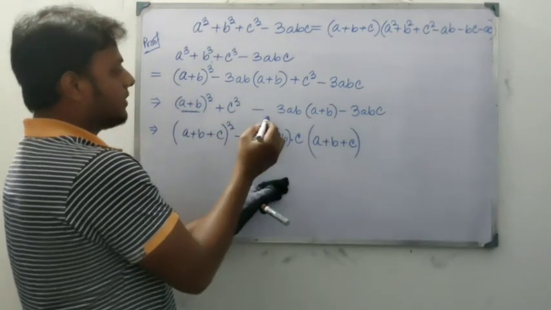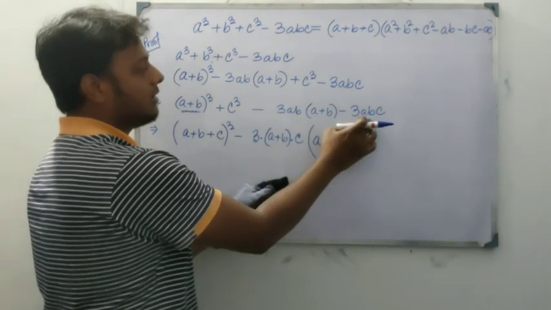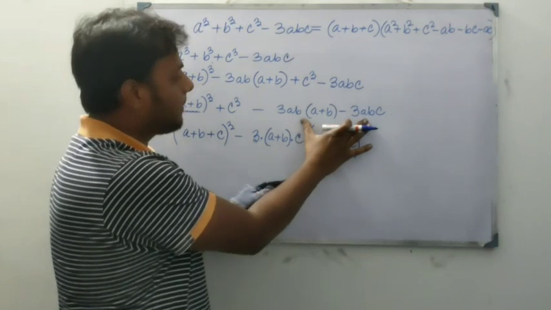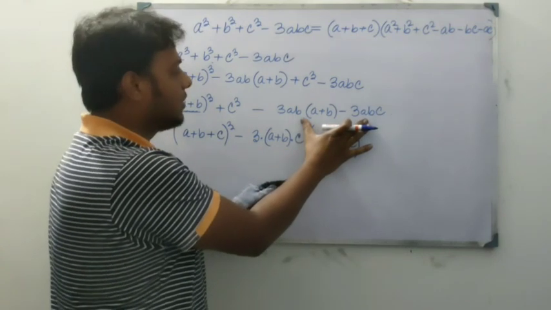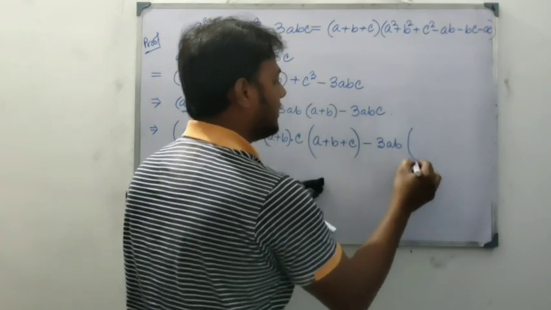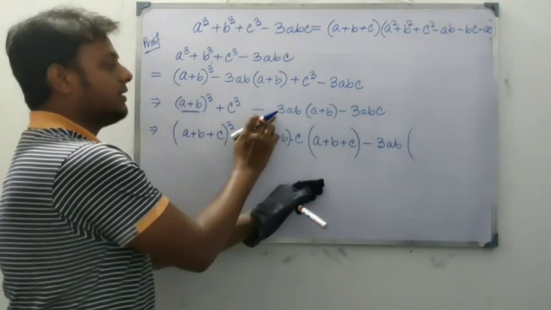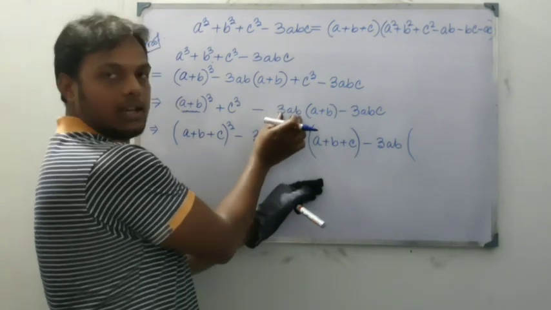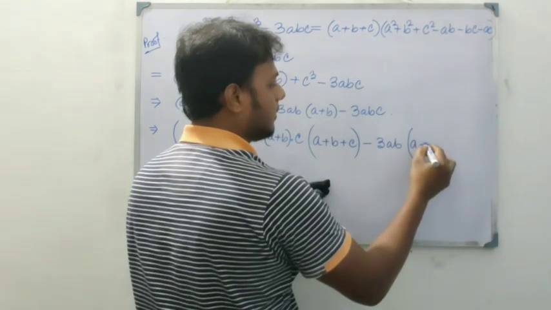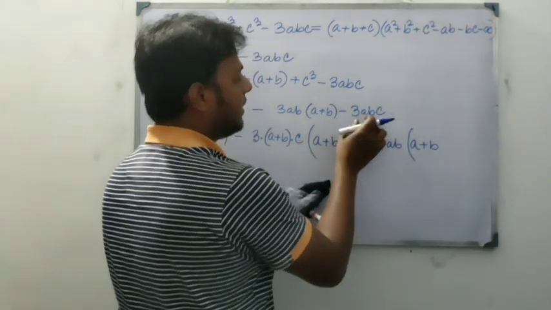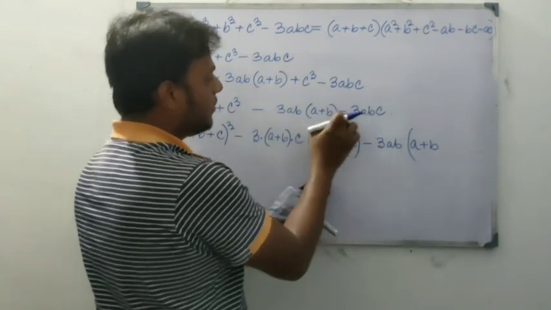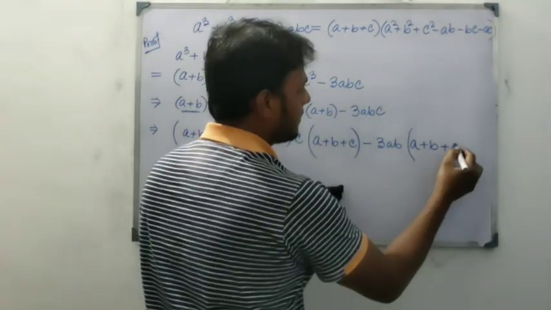Now the rest two terms: this is one term and this is another term. From these two terms we can take common 3ab. See, 3ab is common in both, so we take common minus 3ab. Then the rest term is a plus b, and for the second term only c. Since we have taken minus common, it will be plus c.